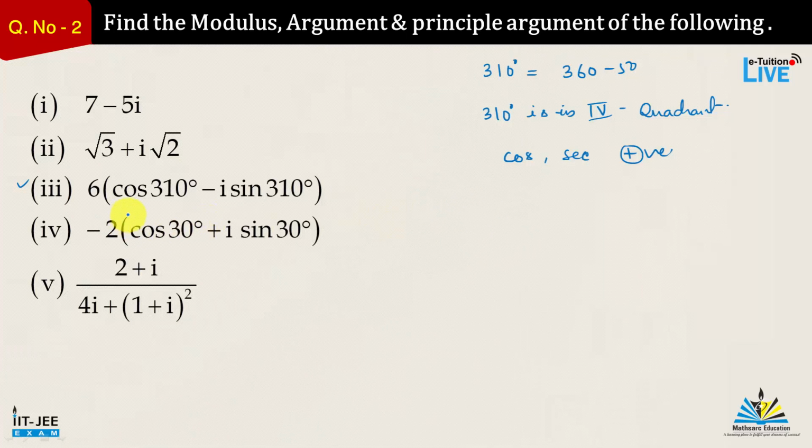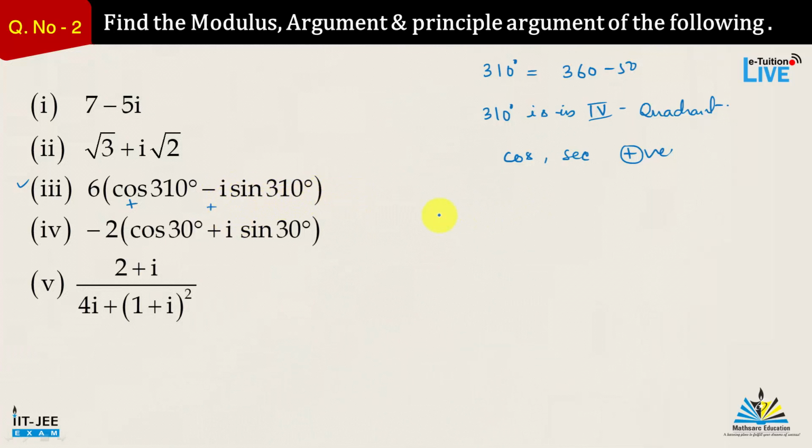So you can observe here this is positive and this is negative, so negative into negative is positive. So this complex number looks like it is in the fourth quadrant, but in actual it is in the first quadrant.